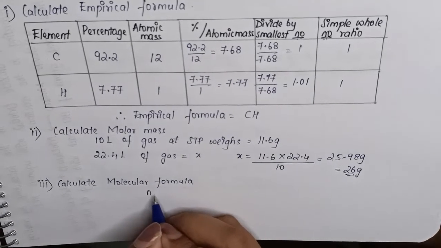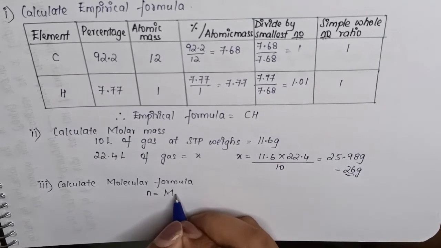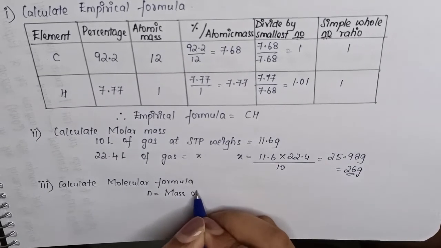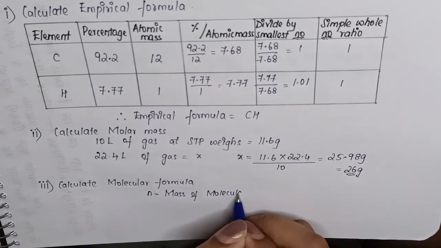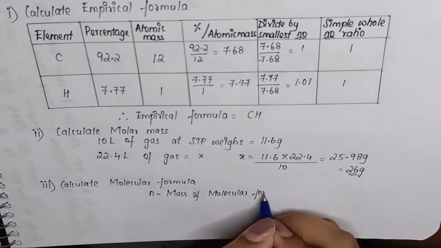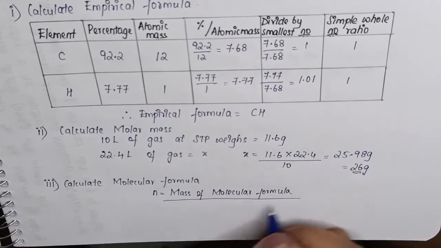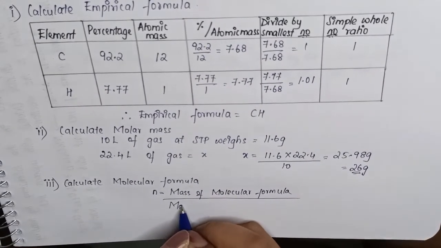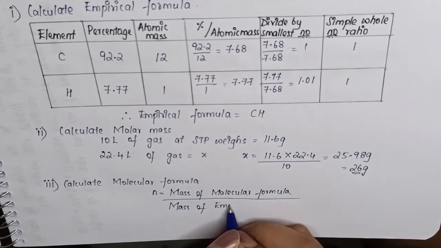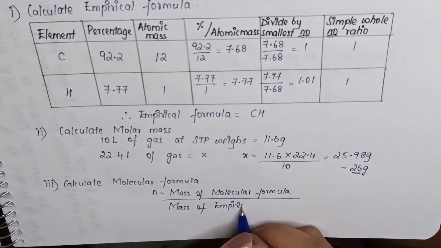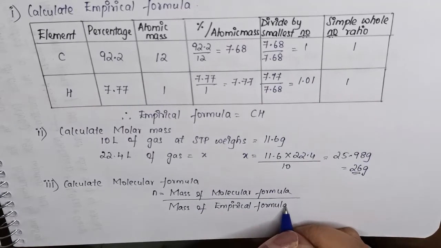So N is equal to the mass of the molecular formula divided by the mass of the empirical formula. So this is going to be the formula.